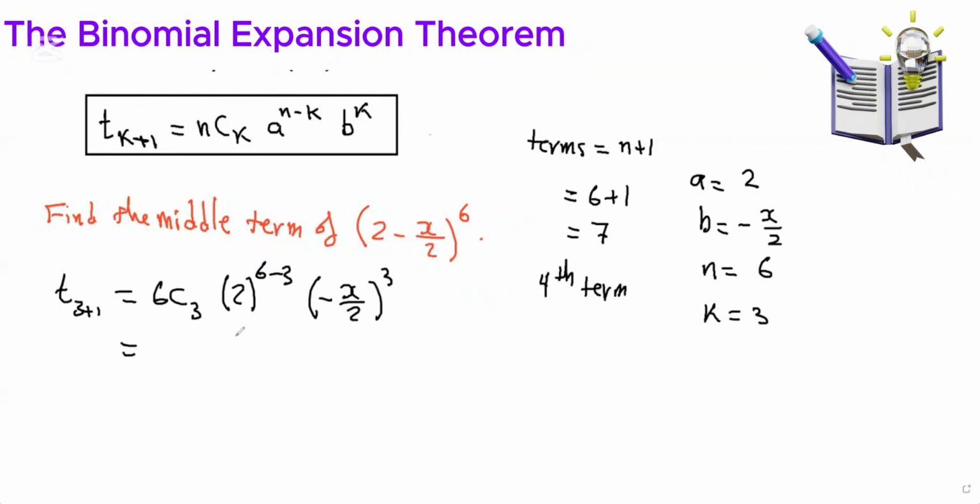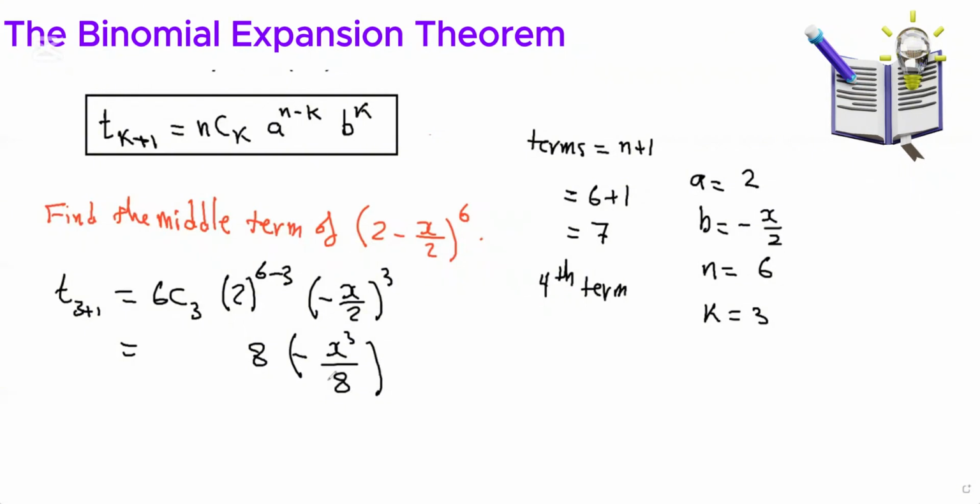Now, this becomes 2 to the 3, which gives you 8. And this here, make sure you distribute the exponent onto the x and into the 2. So x is going to give you x cubed. And the 2 is going to be 2 to the 3, which is 8. Okay.